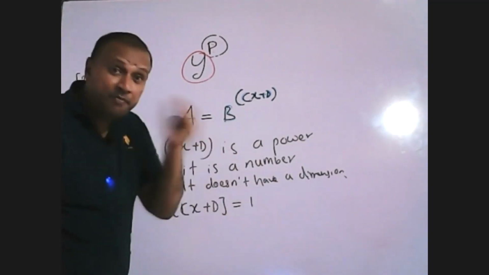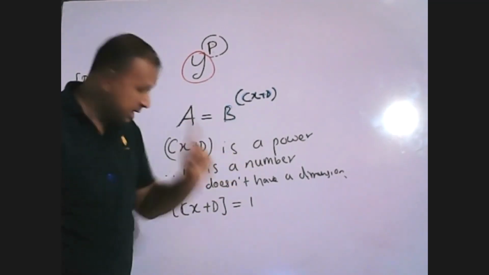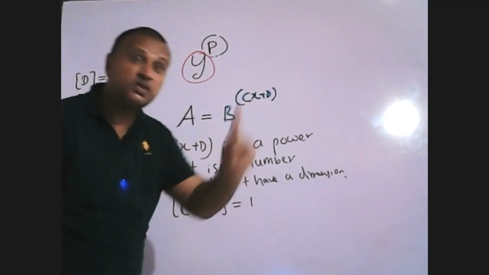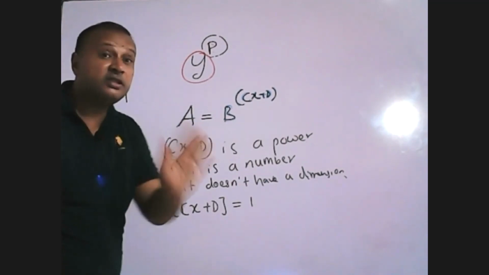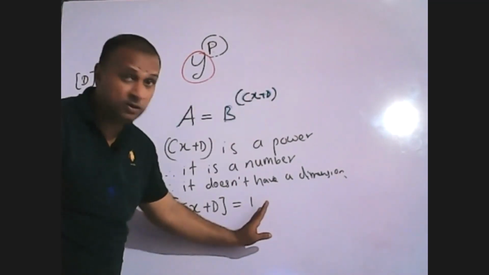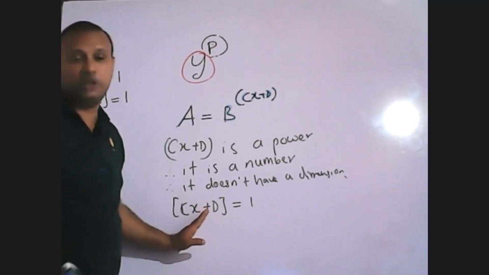Then I can apply my first factor. What is that? If there is an equation, each and every term should have the same dimension. Here, the right-hand side does not have a dimension, so the left-hand side should not have a dimension too.